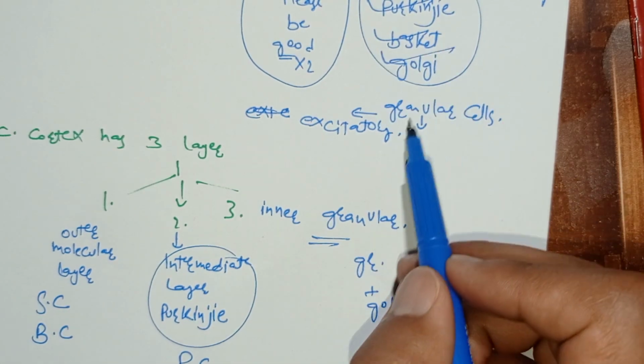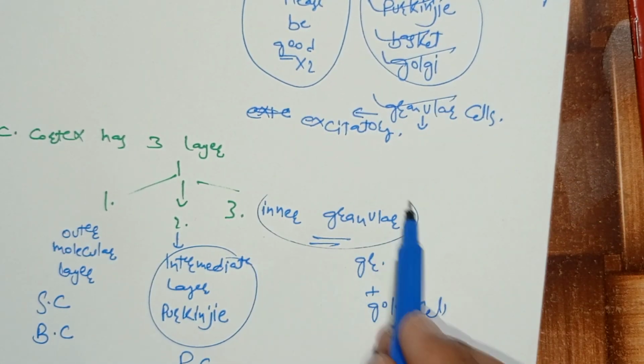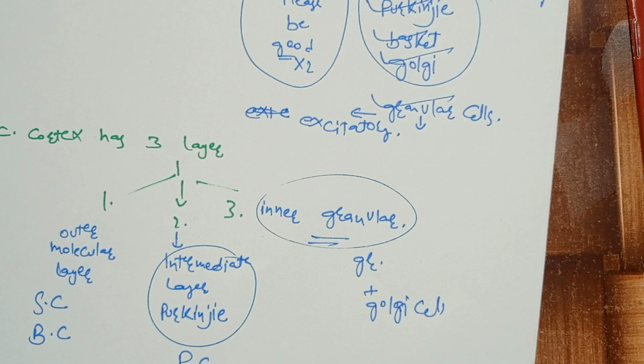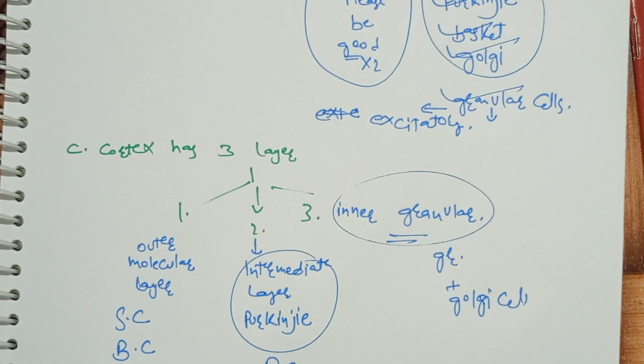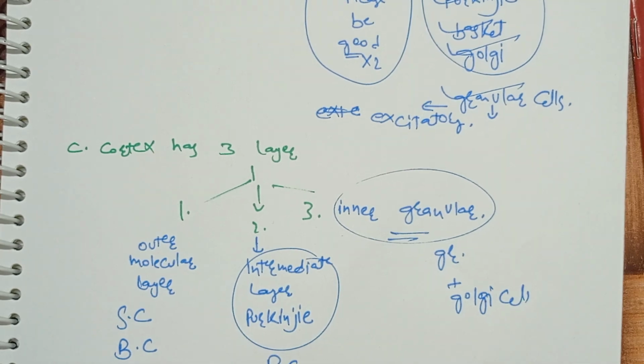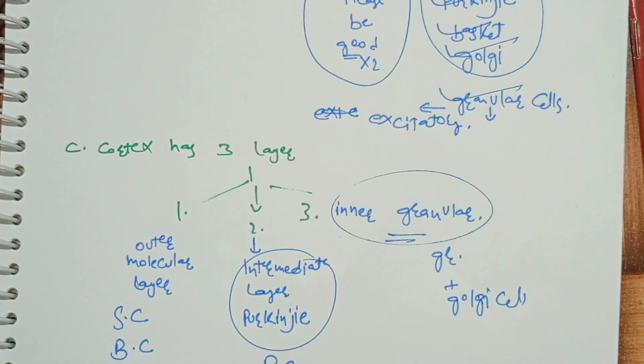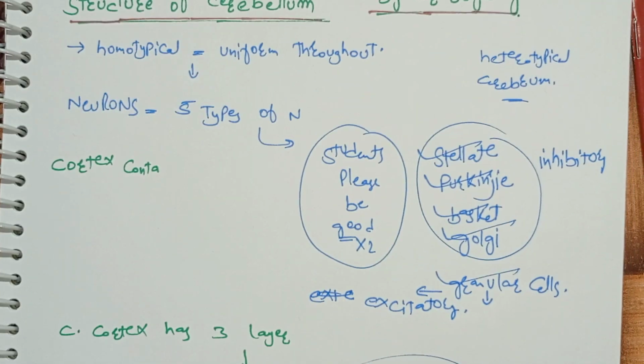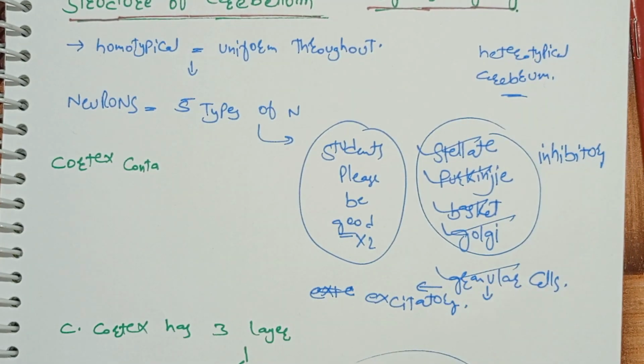So the cerebellar cortex has three layers: outer molecular layer, intermediate or Purkinje layer, and inner granular layer, containing the five types of neurons in different layers.